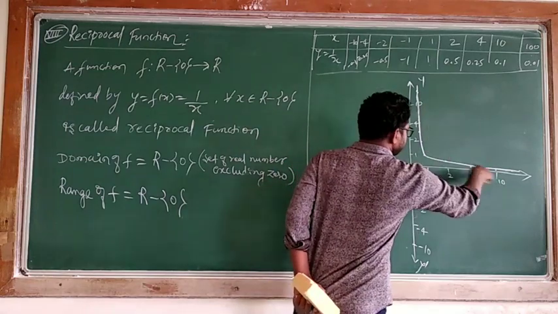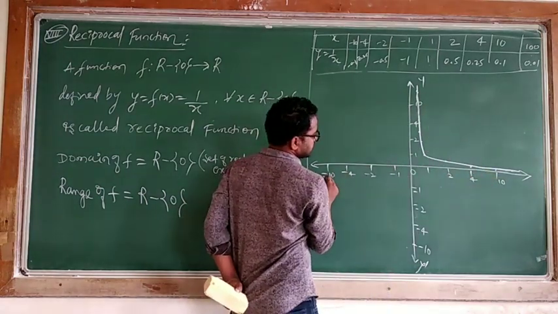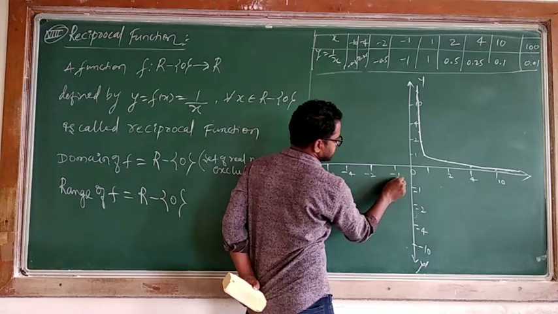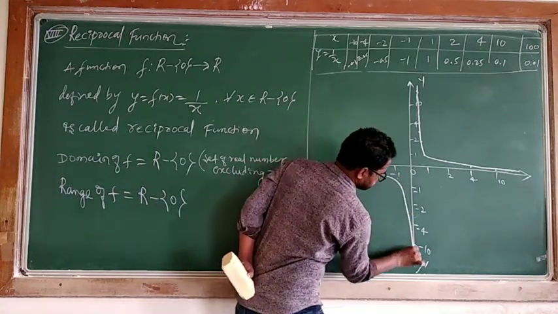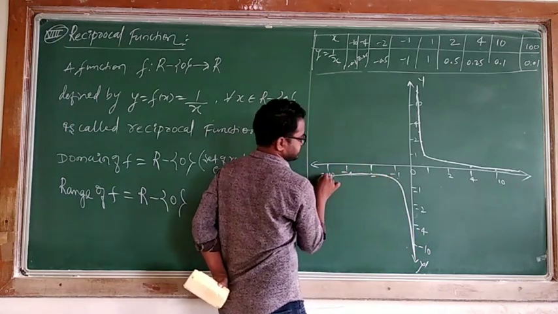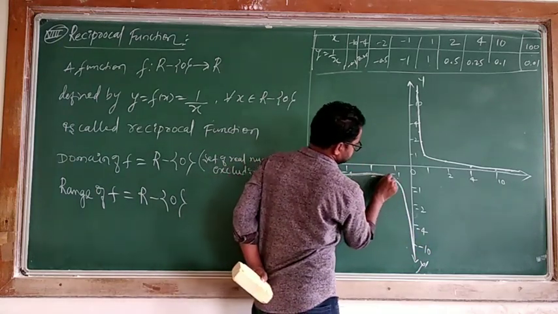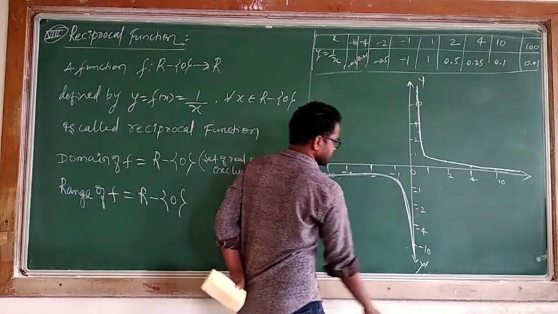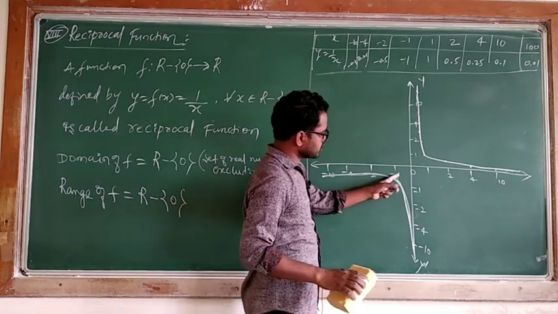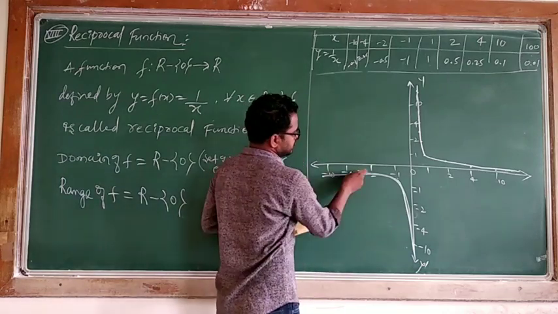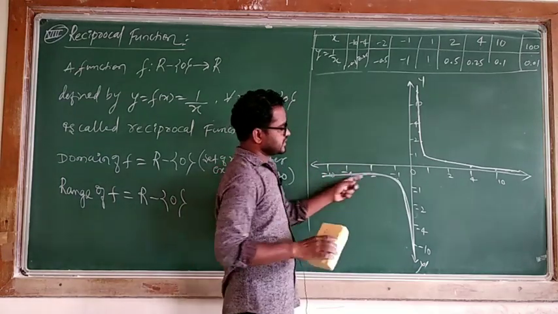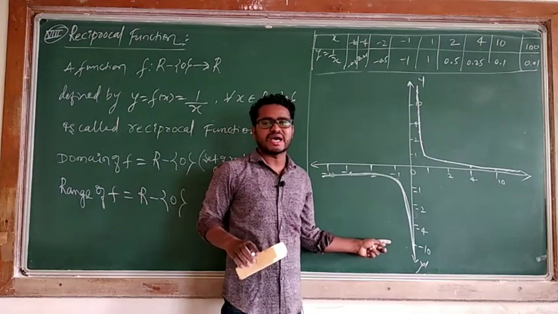The same thing happens in this case. Again the same graph, you can follow it roughly like this. You can take any number, positive or negative values. When you are increasing on this side, it will be nearer to this. When x is smaller, y is bigger.